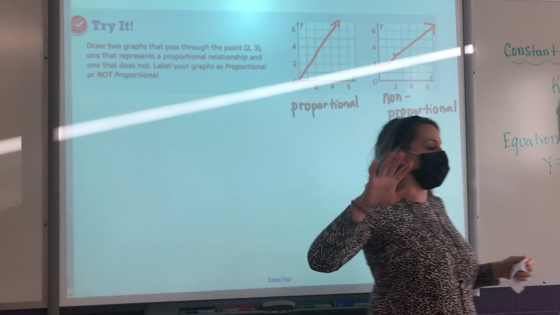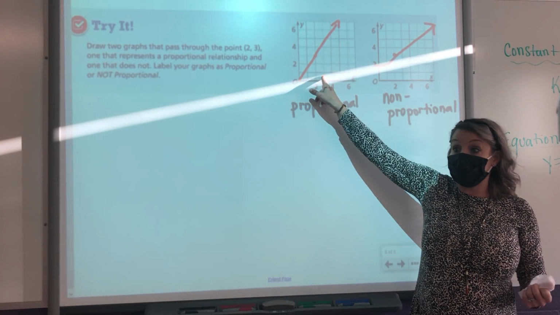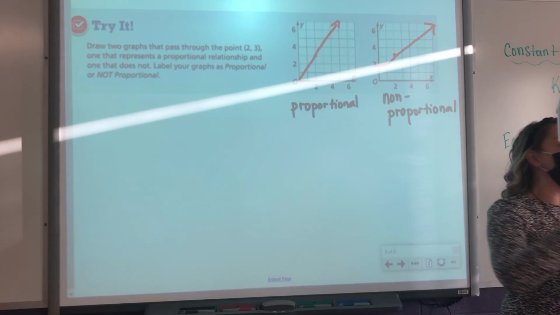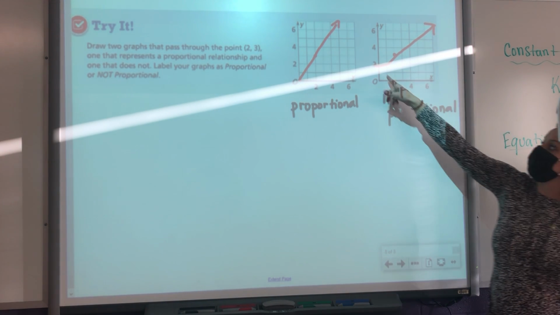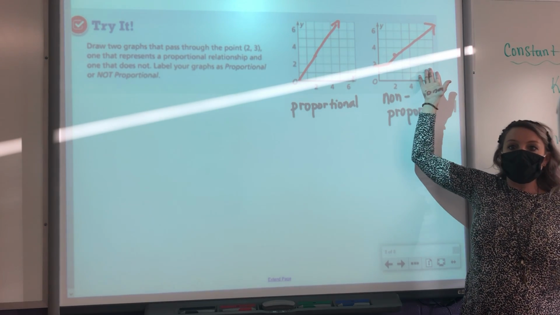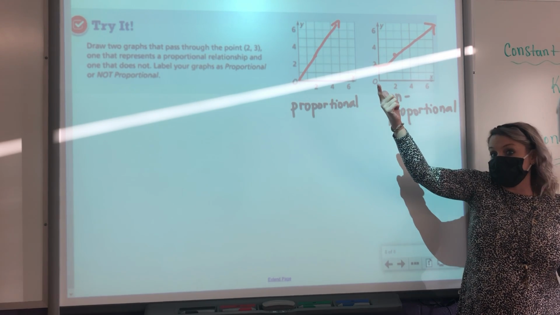So the majority of yours, I'm sure, looked very similar to this line, correct? Now, proportional or non-proportional, which Bailey did, yours could vary quite a bit, right? So Bailey's started at 2, kind of curved up, and then went straight. Obviously non-proportional, right? It's not a straight line, doesn't go through the origin.